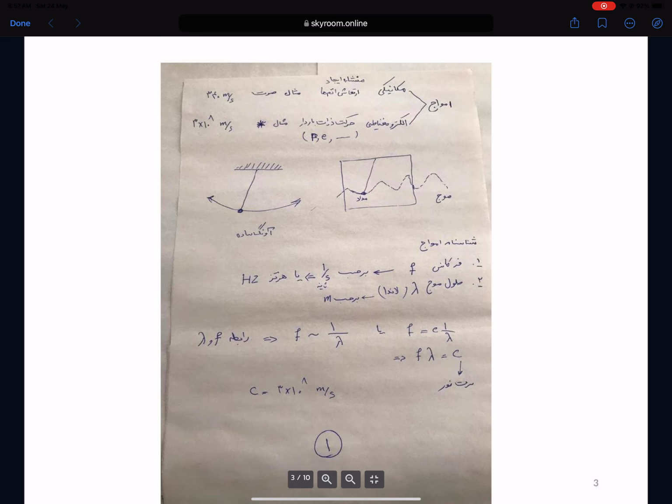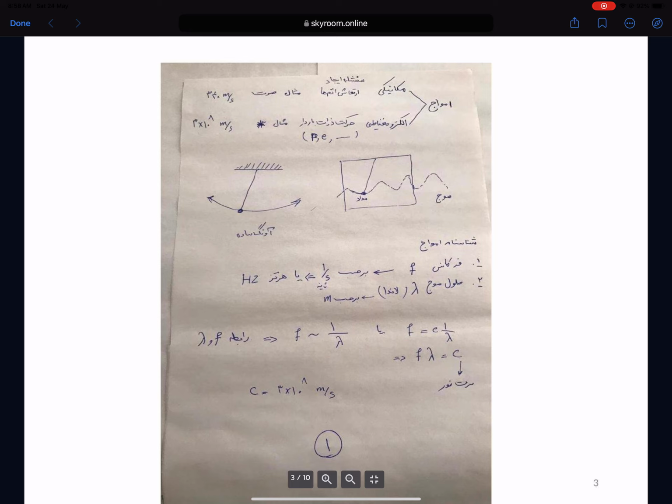But because electromagnetic waves don't need an environment, their speed is very high. For example, at the top of the page I compared the speed of ultrasound or sound as a mechanical wave, which is just 340 meters per second, to the electromagnetic wave speed.